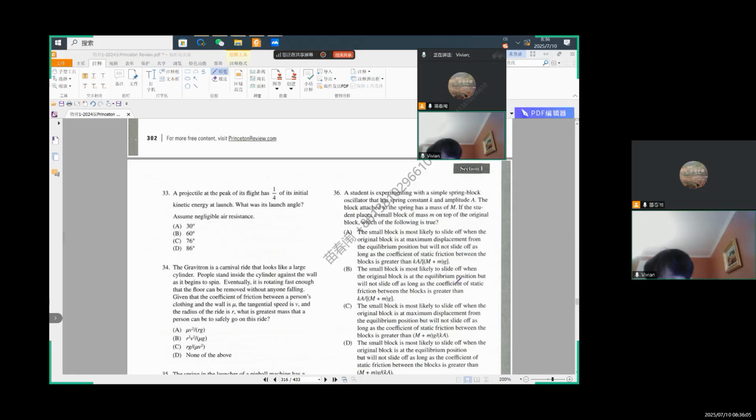Slightly slide on top of the original block. Probably the maximum displacement, right?